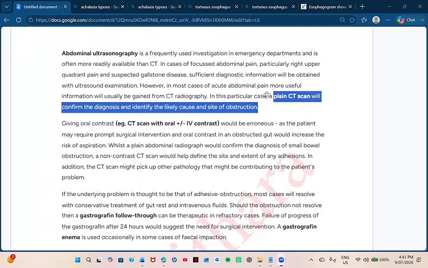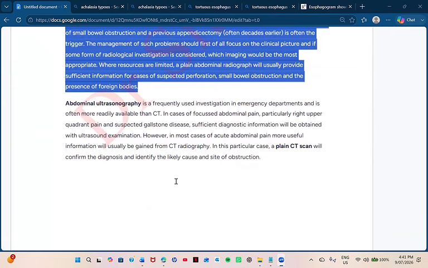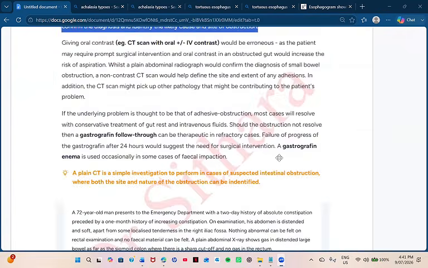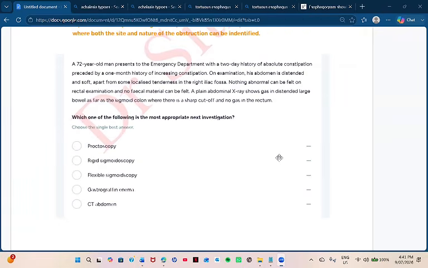Here they have clearly mentioned the plain CT will confirm the diagnosis and identify the likely cause and site of obstruction in this particular case, right? Okay, so read this question and tell me the answer.